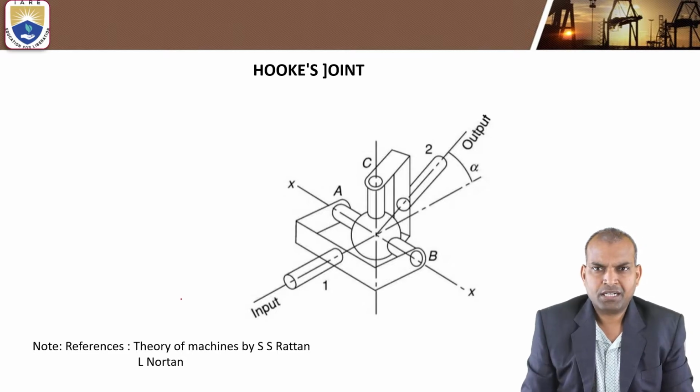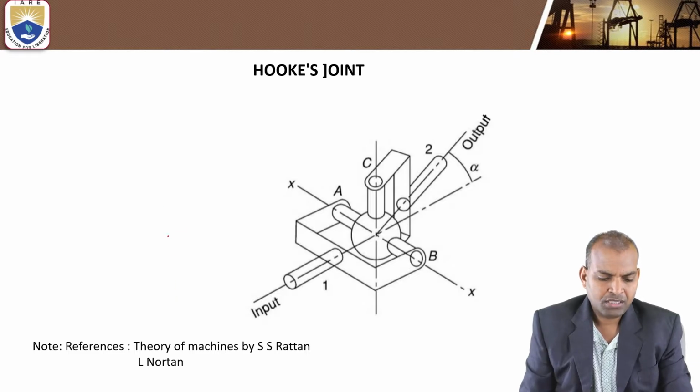Where will this Hooke's joint be used? It is used where variable angular velocity and intersection are different.